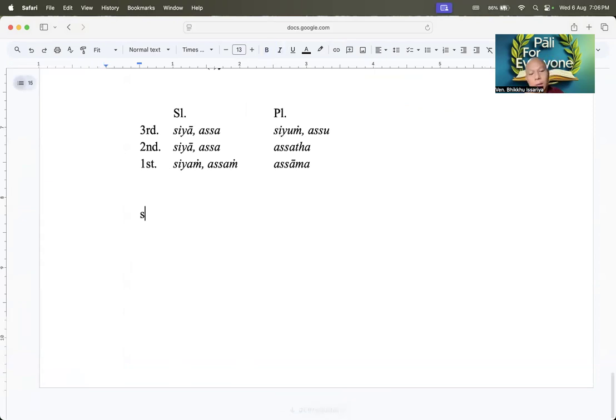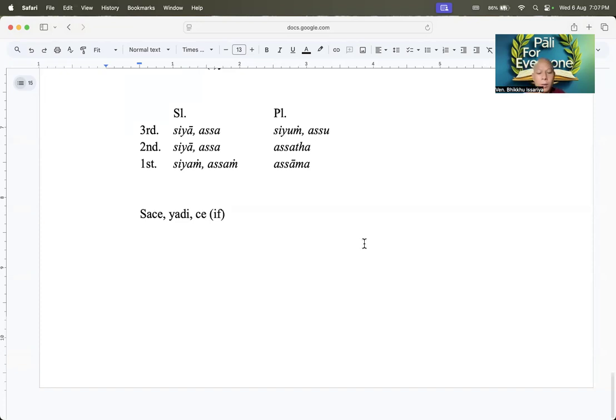So actually saji, ji and yeti. The meaning of them is "if". So this saji, ji, and yeti in the sense of "if", we can find them used together with the optative verb.